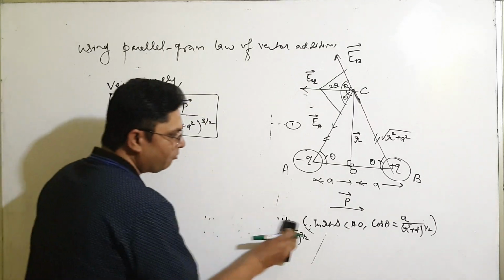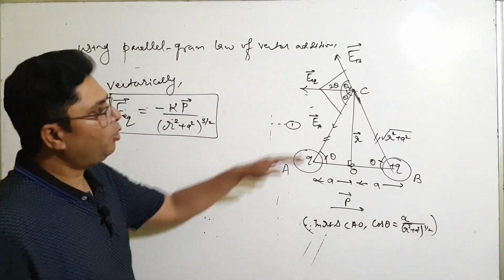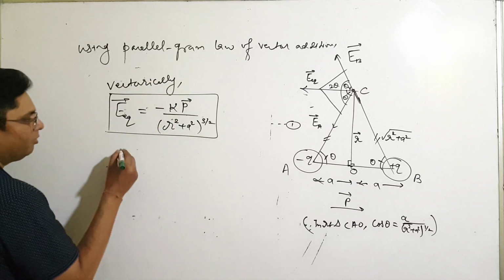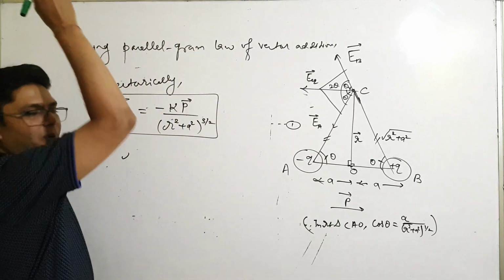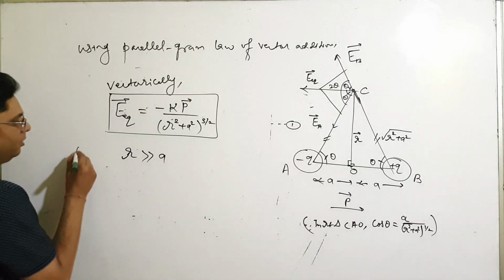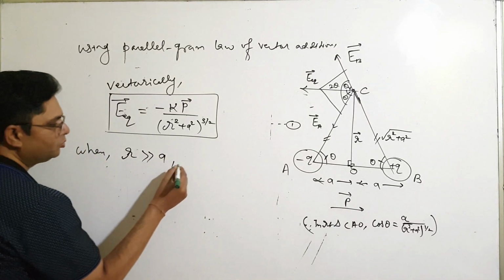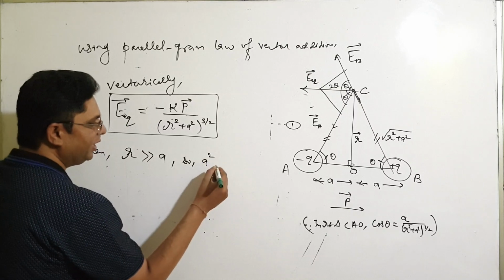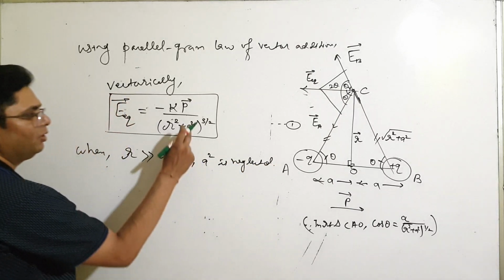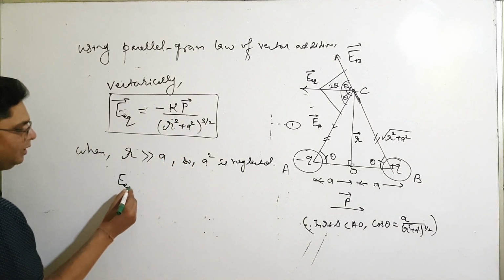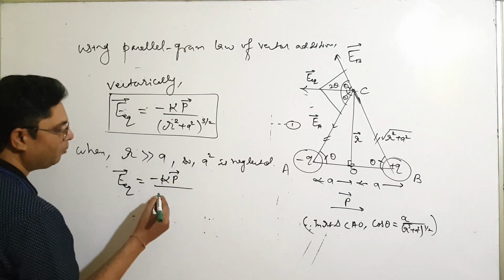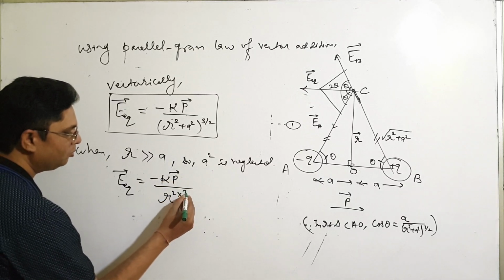When this point C is very far apart, then R is very much greater than A. So you can neglect A square here. Neglecting A square, you get E equatorial is equal to minus Kp upon R square into 3 by 2.